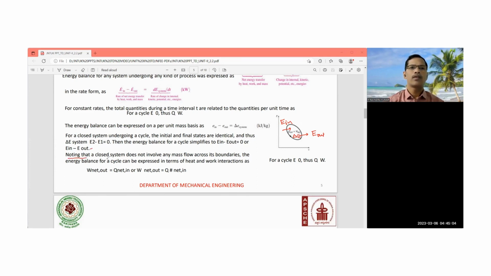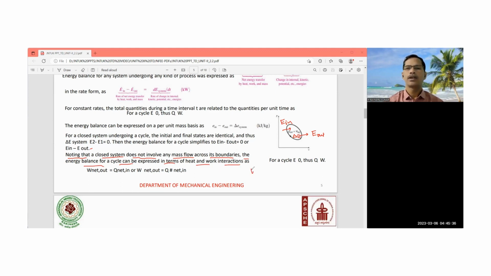Noting that for a closed system, this does not involve any mass flow rate, because we are discussing non-flow work, that is the control mass technique. A closed system does not involve mass flow across its boundaries. So for a closed system, only energy interactions take place. Mass is not transferred across the boundaries. The energy balance for a cycle can be expressed in terms of heat and work interactions.